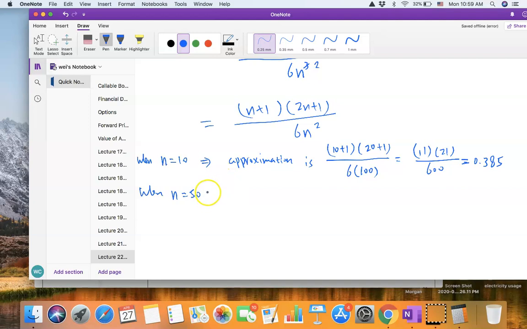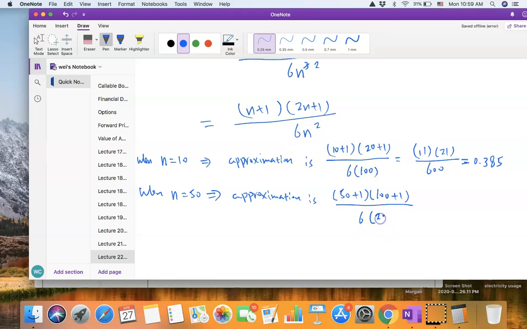And if I use 50 rectangles, then the approximation is 50 plus 1 times 2 times 50, 100 plus 1 over 6 times 50 squared.